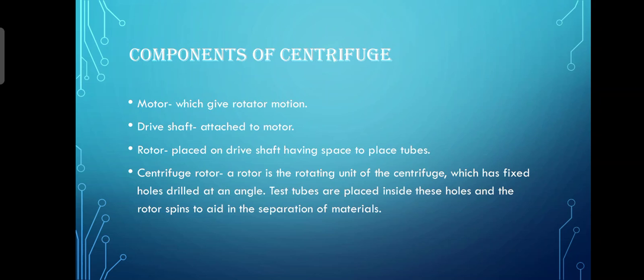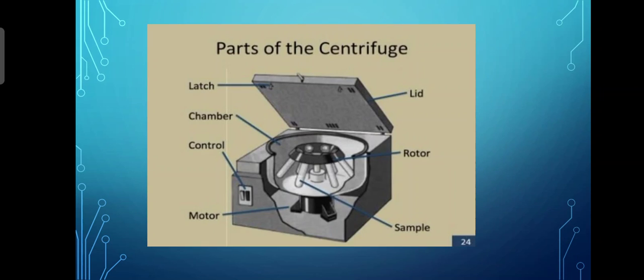Test tubes are placed inside these holes and the rotor spins to aid in the separation of materials. Here are some parts of the centrifuge machine: lid, rotor, sample, motor, control unit, chamber, and latch.